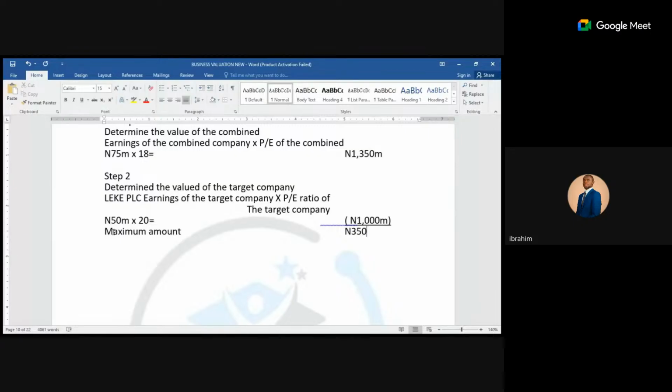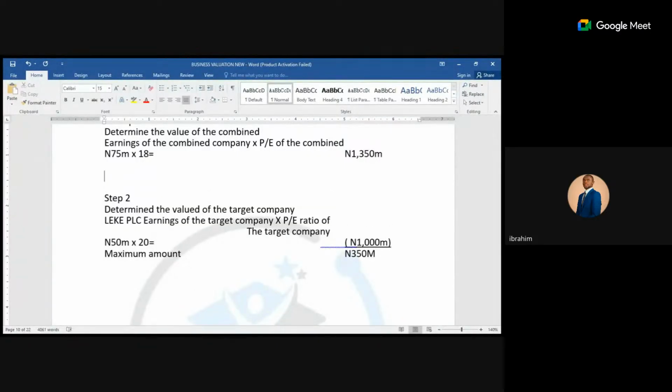Now, how do we arrive at PE ratio times earnings? You should not forget that our PE ratio is usually the market price divided by earnings, which is profit after tax.